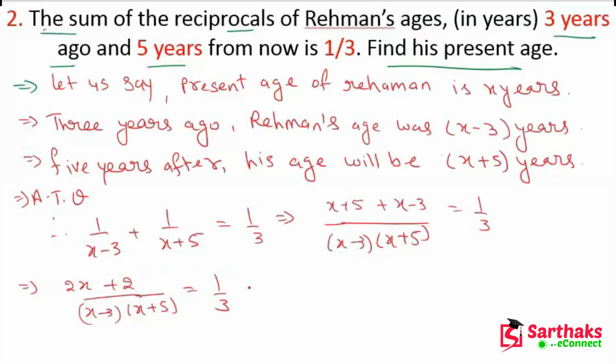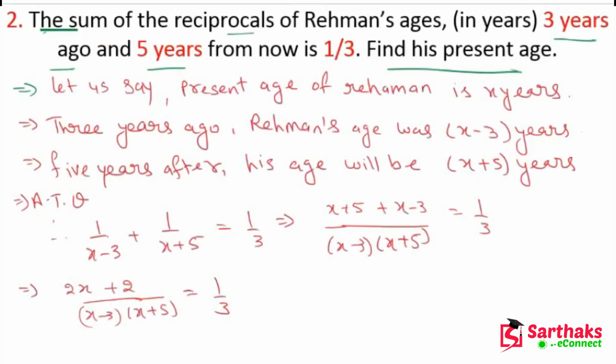Yes. So now, after cross multiplying, here we get 3 into 2x plus 2. Here you can see if we do the cross multiply, this 3 is going to be multiplied with 2x plus 2, and this term will multiply with 1.